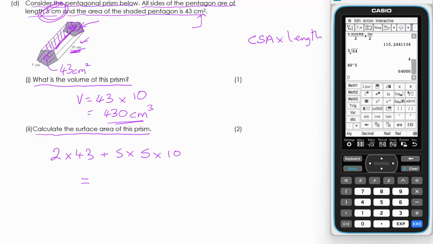So 2 times 43, so that's 86. Add 25 times 10, which is 250. So 86 add 250 is 336. And of course, get the units right. That one's an area, so it's square centimeters.